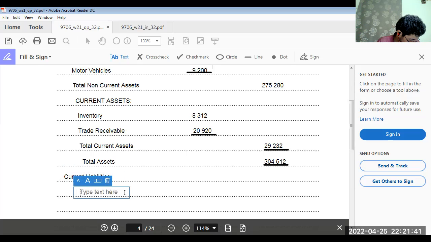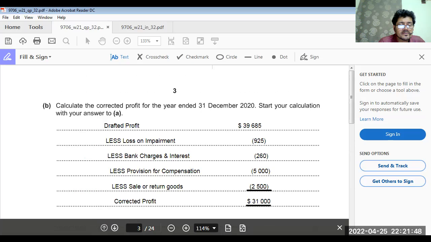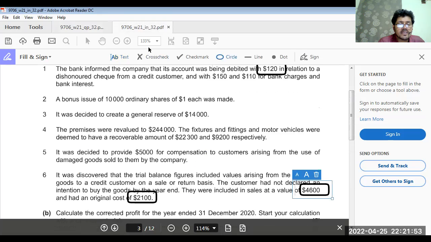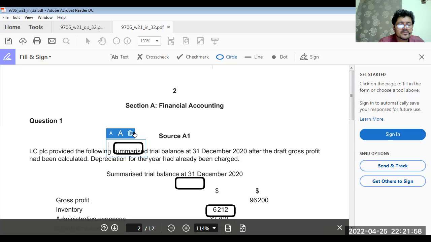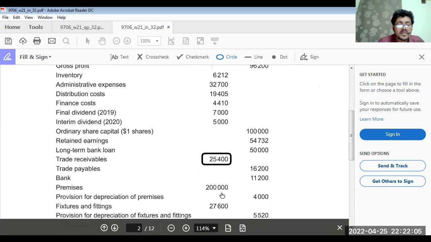So we are going to report current liabilities here. We have to move to insert. Now current liabilities, we have trade payable 16,200. Okay, 16,200.